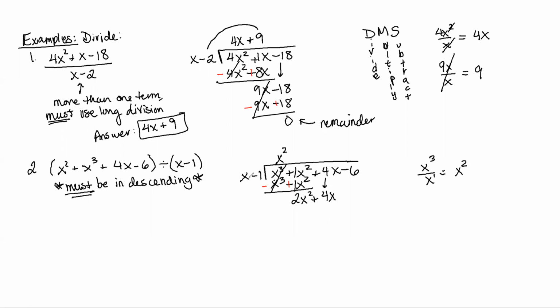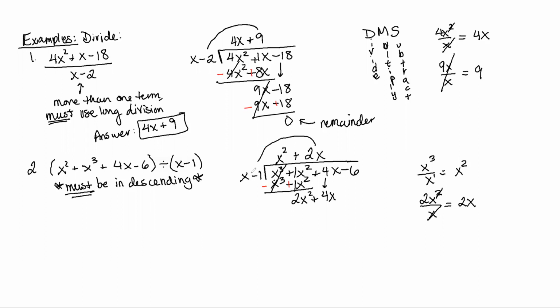First term divided by first term, 2x squared divided by x. Notice how we're always dividing by x. Whatever term is in the front on the outside is always what you'll divide by. So dividing here, we have a 2 and cancel an x, and we're left with an x. Positive, so plus 2x on top. And then we multiply.